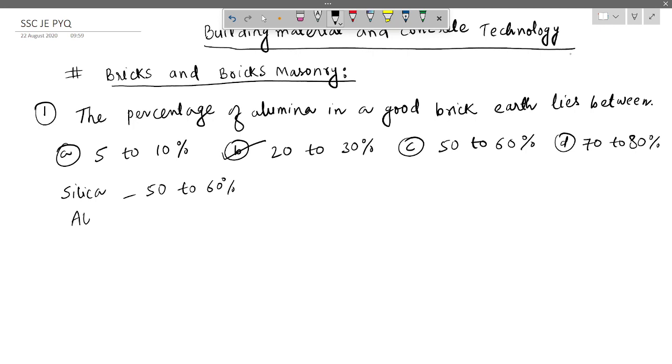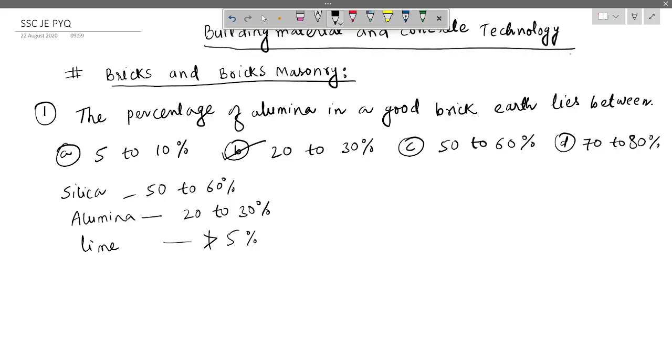Then it will be alumina, its percentage will be 20 to 30%. Then it comes to lime, which should not be more than 5%.